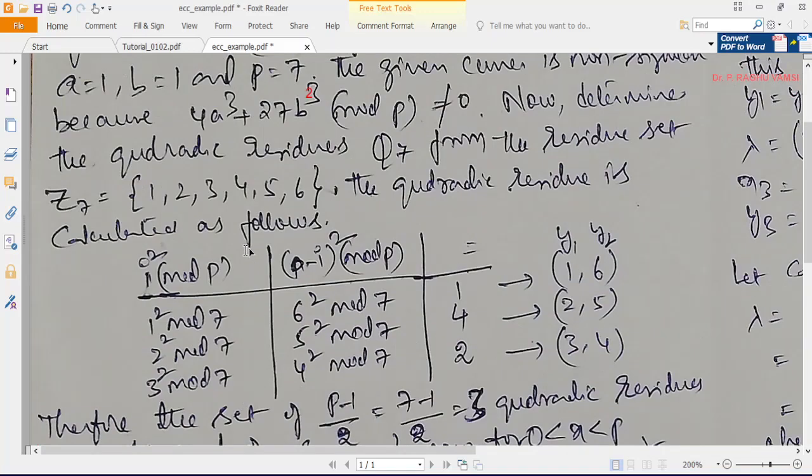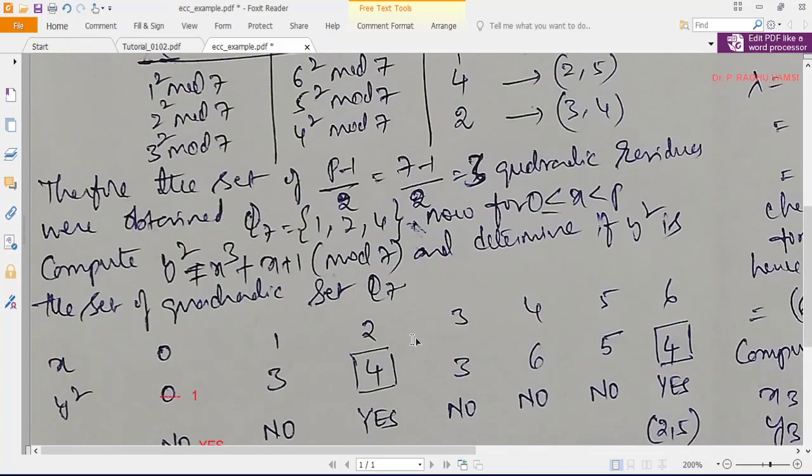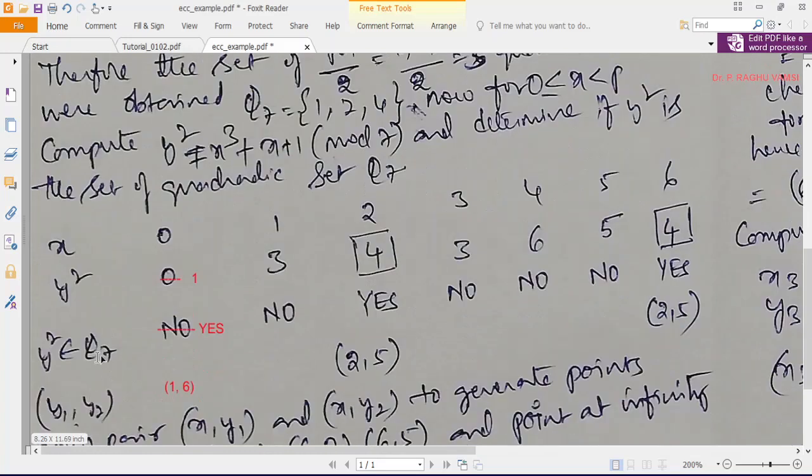First we need to calculate the residue set, and from the residue set, for which values of this residue set value we got, those values have to be placed as y1 and y2, and compute this y square is equal to x cube plus x plus 1 mod 7 or mod p, and check whether the y square belongs to the residue set or not.